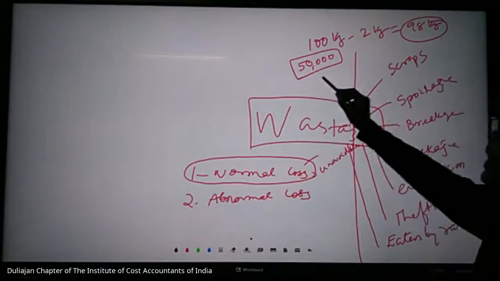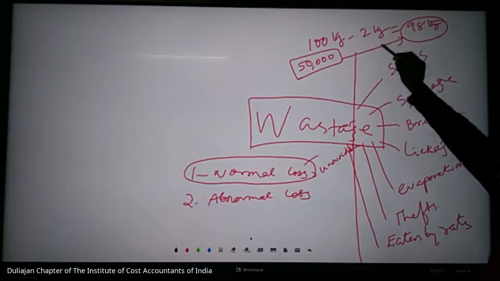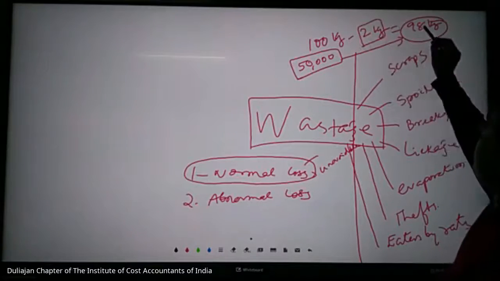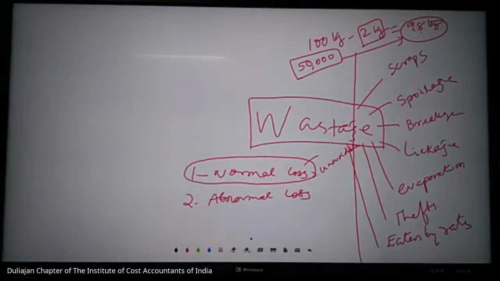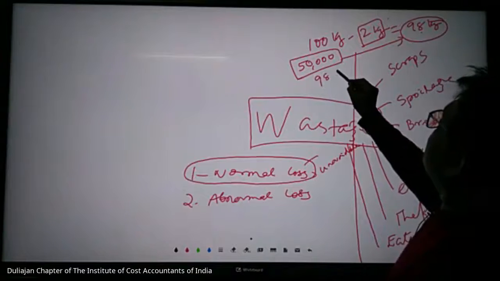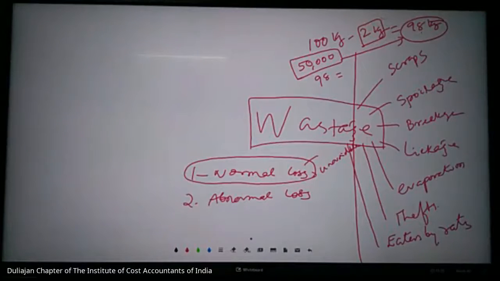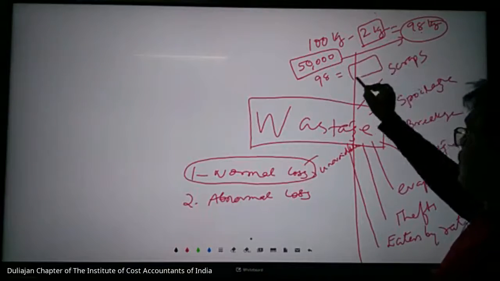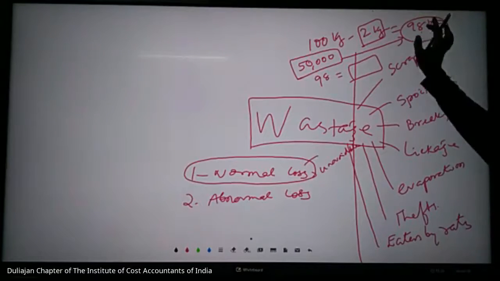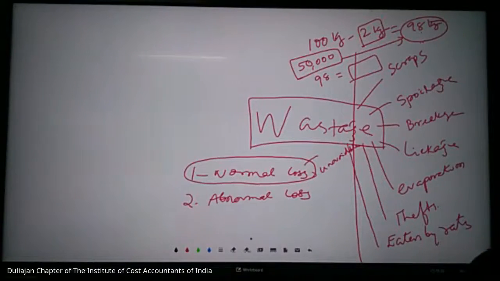So in this case, if I know 2 kg is my normal loss, what do I do? I find out that 50,000 rupees is the cost of 98 kgs only. That means I have discounted this 2 kg in my total quantity directly. So my cost per unit will be 50,000 divided by 98. That you will get my normal cost. So here I am factoring that in my total weightage. This is how I have to calculate.